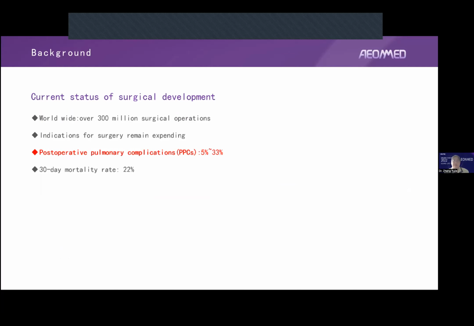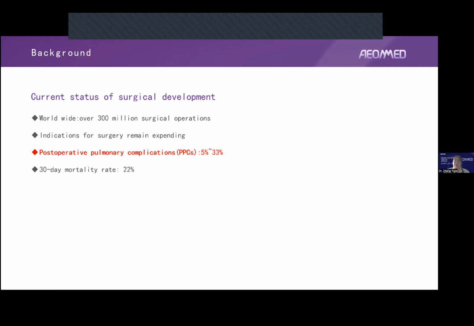Currently we have over 300 million surgical operations done worldwide in a year. And the indications of surgical operation are expanding because of the development of surgical techniques.